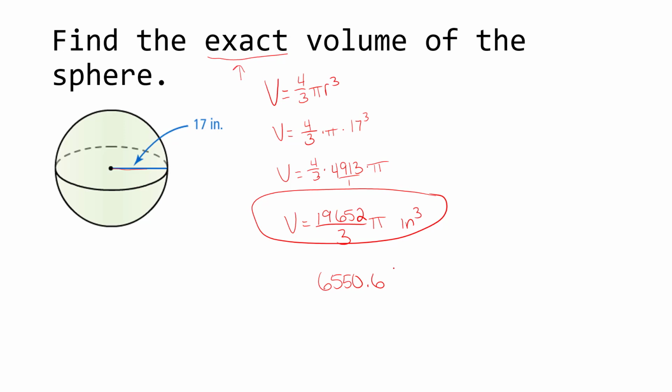No, that does not mean that it eventually finally ends up as 7 being a last decimal place for some miraculous reason. No, that's the calculator rounding up that last term because it goes on forever. So I could certainly say 6,550.6 repeating pi inches cubed and still be representing an exact solution.